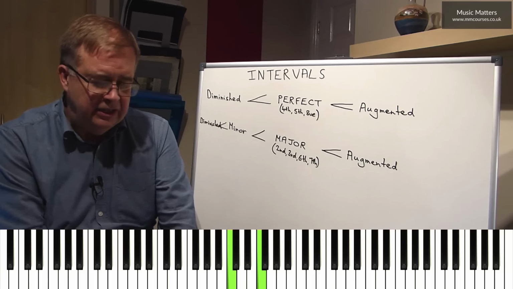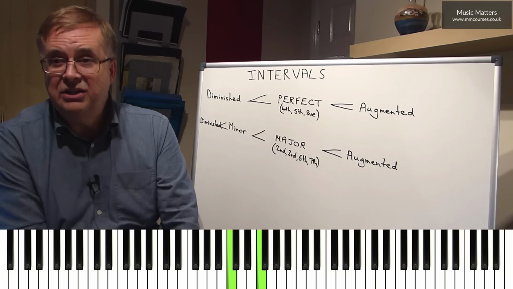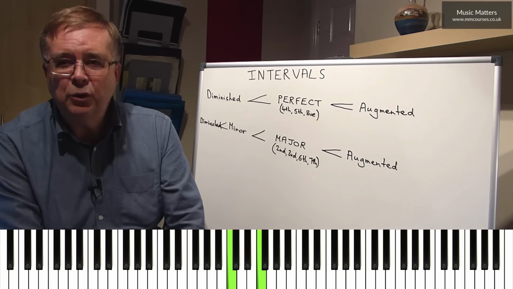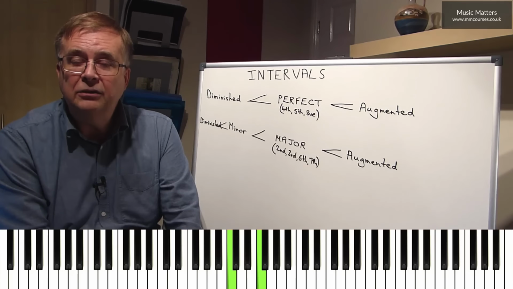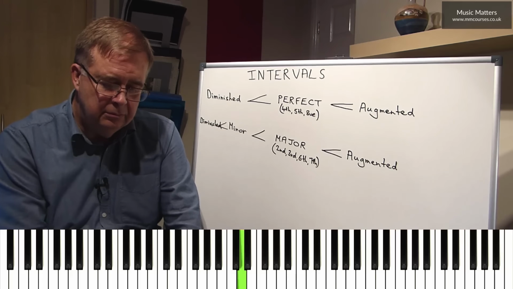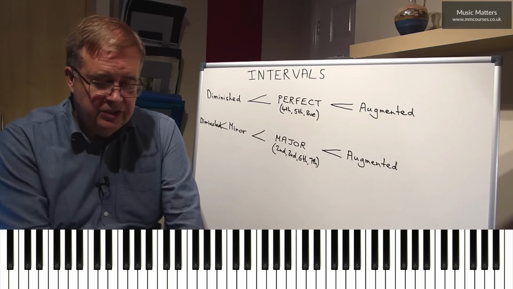Now, what we've got to do next is to say, well, if I'm working in C major, because C is the lower note, and I know that this interval is a fourth, this is the question. What is the fourth note in the scale of C major? Well, here's the scale of C major. No sharps, no flats.